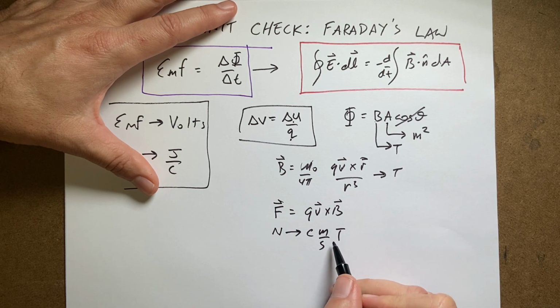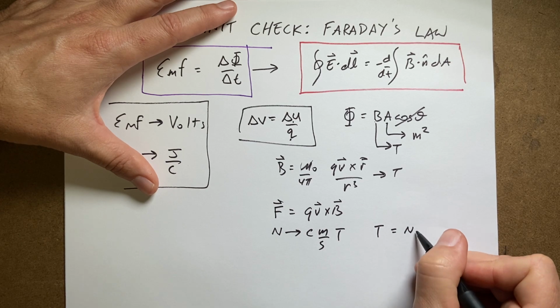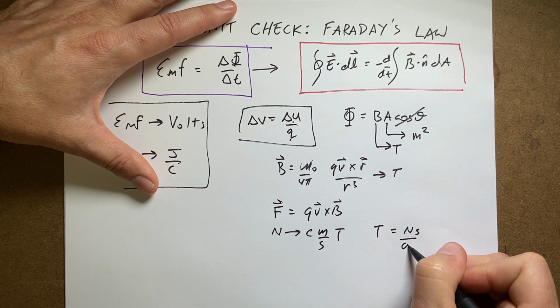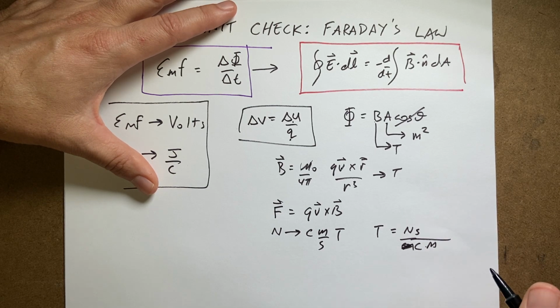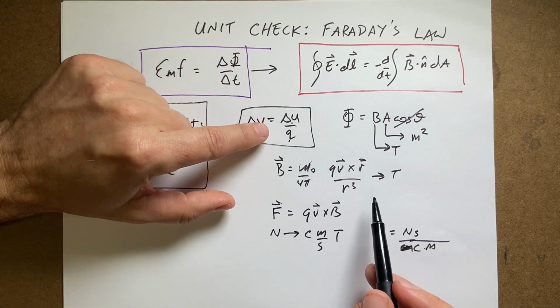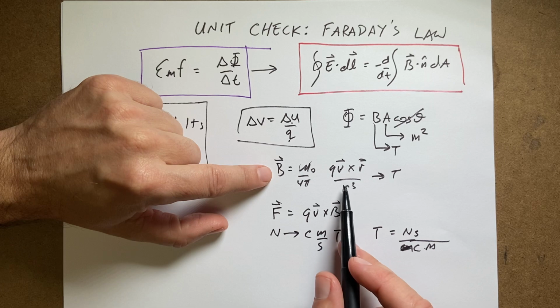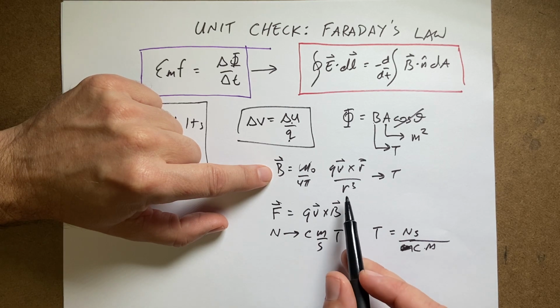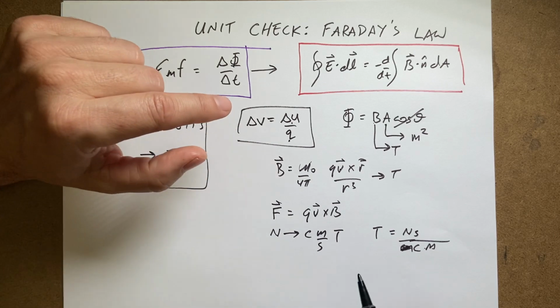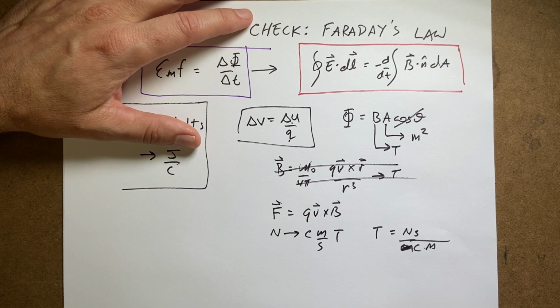So I can solve this for Tesla, and I get 1 Tesla equals a newton second per coulomb meter. Not centimeter, coulomb meter. Okay, so now I can put everything in up here. So that's a Tesla. Oh, I didn't even need that. Ha. Okay, good. I didn't want to do that anyway.